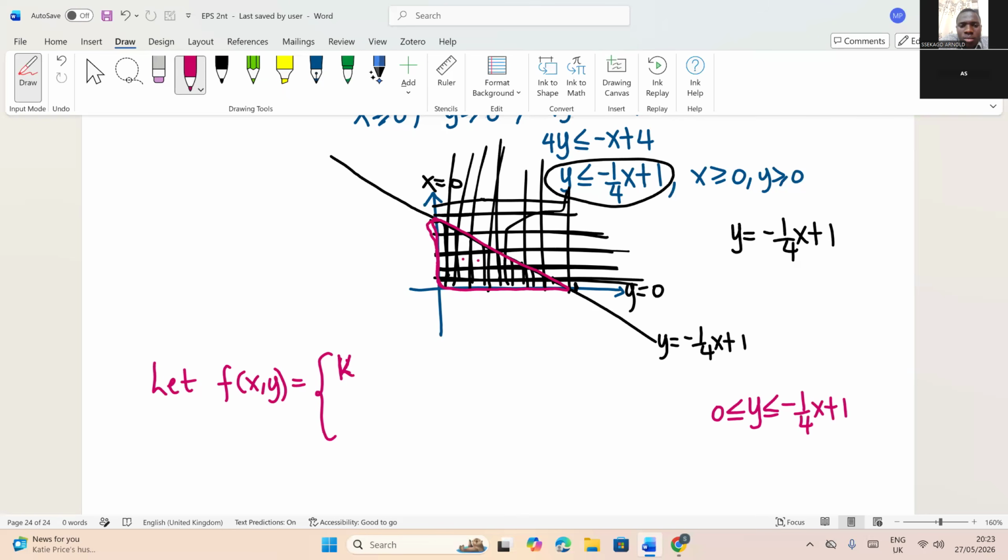So I have 0 less or equal to y less or equal to negative quarter x plus 1. Then I also have x greater or equal to 0. But there is also a version of x which we want to establish. First of all, x is greater than 0.